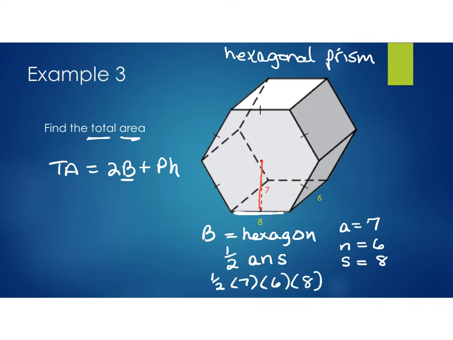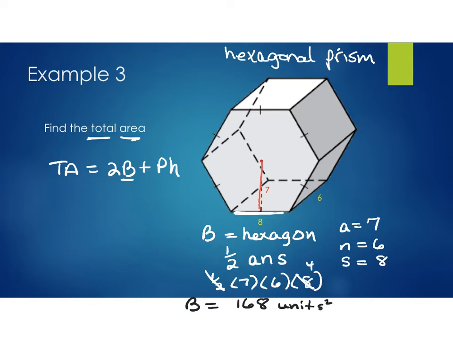Doesn't matter the order I multiply. I could find half of 8, make it 4. Multiply 7 times 6, 42, times 4. And my base area is 168. Notice my numbers do not have units on them, so this would be units squared.